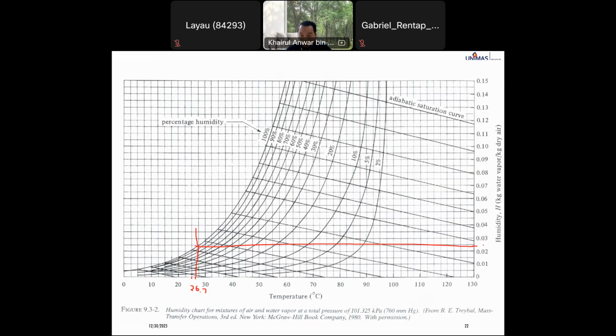So here you can get the H. In this case, H is equal to 0.0225 kg water per kg dry air. So this is the actual humidity of air at 60 degrees C.